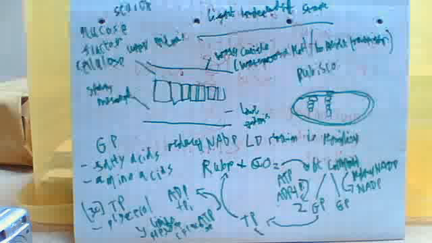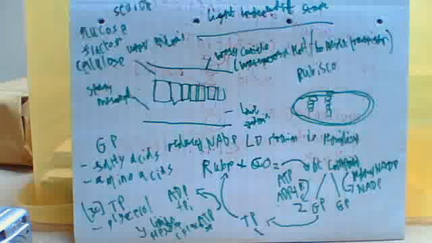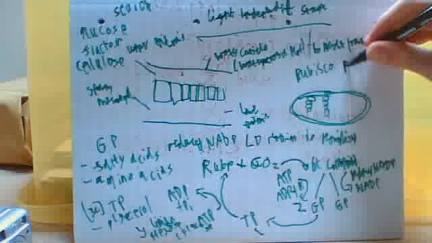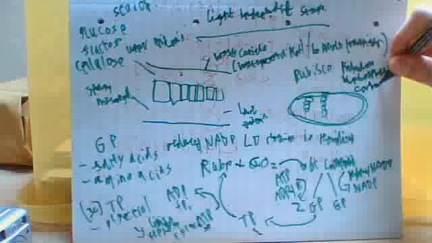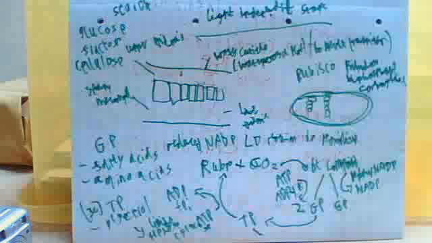It's actually called ribulose bisphosphate carboxylase. The ribulose bisphosphate bit is the same as the RuBP bit, and the last bit is carboxylase, because it adds the carbon dioxide to the RuBP, or ribulose bisphosphate. So that is your process of light-independent reaction.